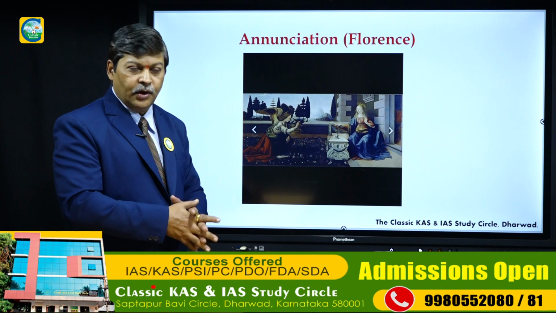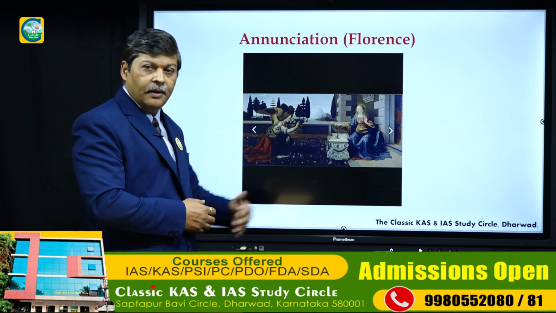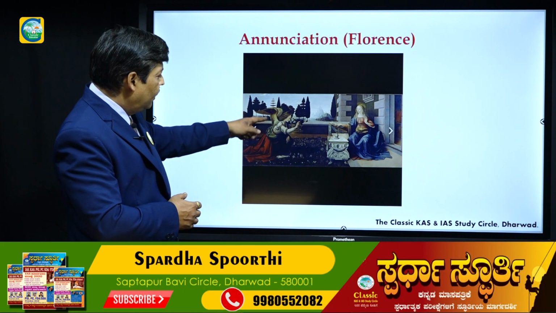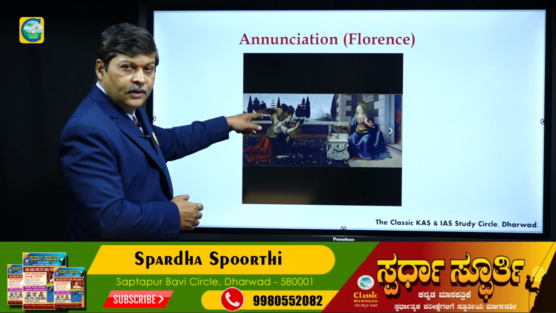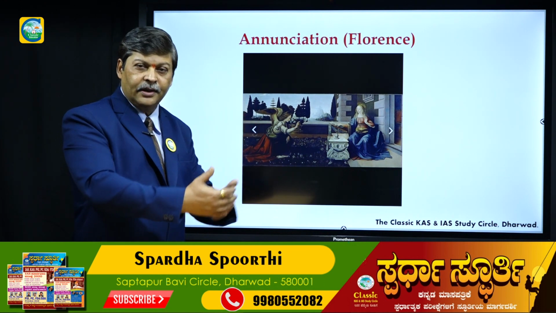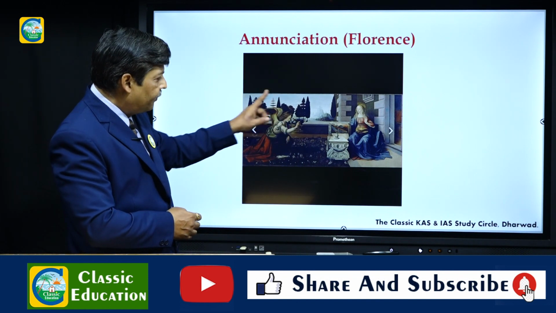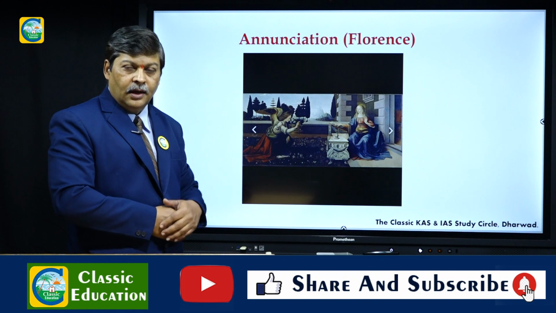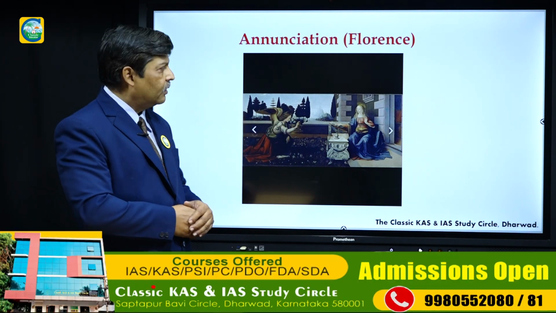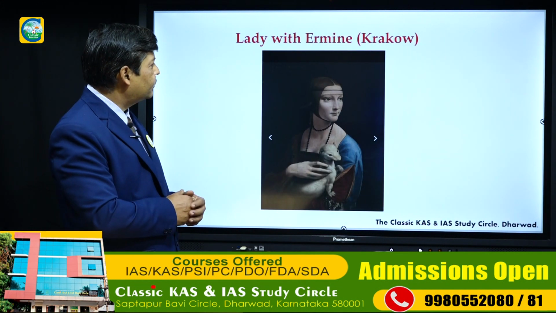You can see Mary, and this is the angel Gabriel. You can see the wings. This is the angel Gabriel conveying the message to Mary, that is the Annunciation. This painting is also on the wall of the church at Florence. So they are all mural paintings.